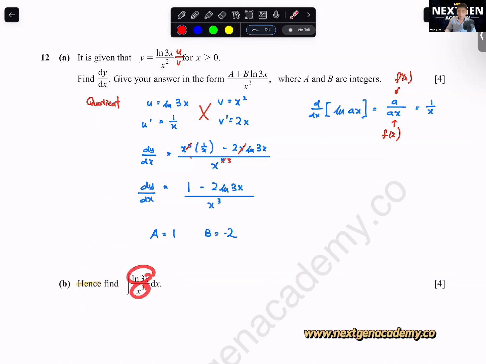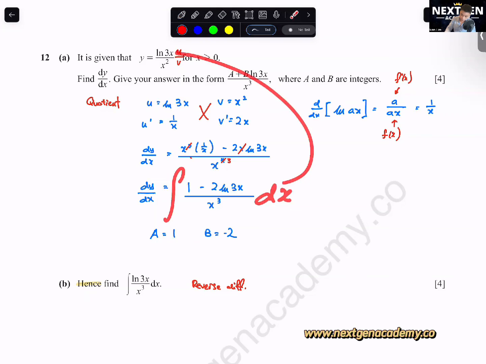At your level right now, you never learn how to integrate a quotient rule or product rule form. So the method that we'll be using here is called the reverse differentiation method. When we integrate this, we will go back to the previous question.